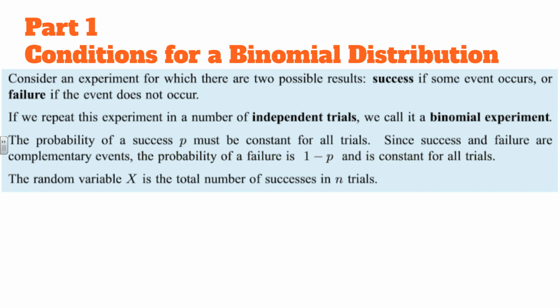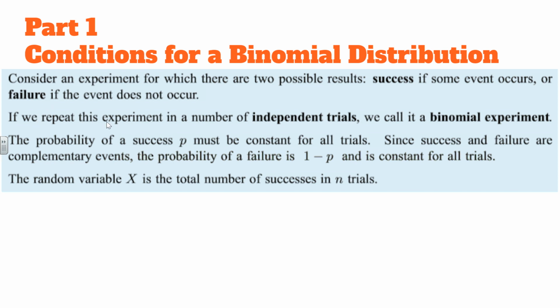If I'm shooting basketballs, making the basket counts as a success and a miss counts as a failure. If I'm rolling a die, there are six outcomes, but if I only want to get a six, then getting a six is a success, and one, two, three, four, five would all be failures. If you can classify them as successes or failures, that's the first condition required for a binomial distribution.